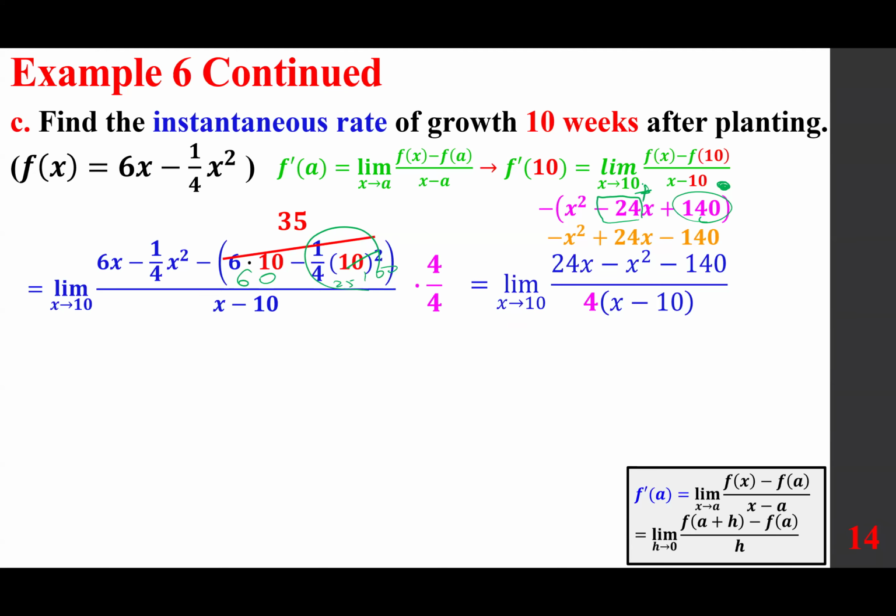The sum is negative 24. Number two, remember, x is approaching 10 and x minus 10 creates a problem giving you 0 in the denominator. So you're hoping the top has a factor of x minus 10 to get rid of, and that's the way you can easily factor it. The numbers are negative 10 and negative 14. The product is positive 140 and their sum is negative 24.